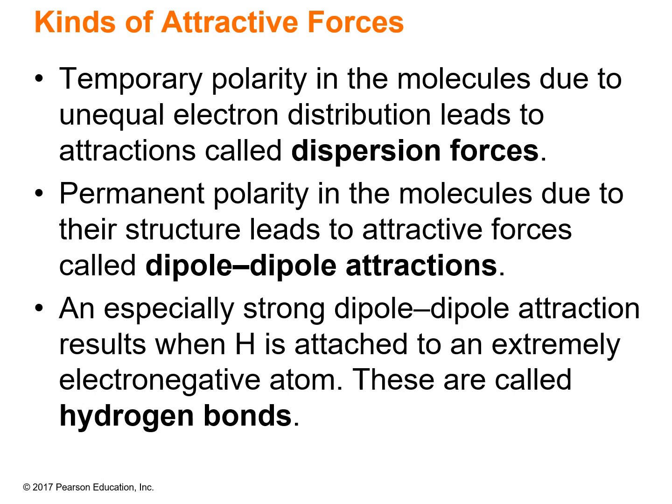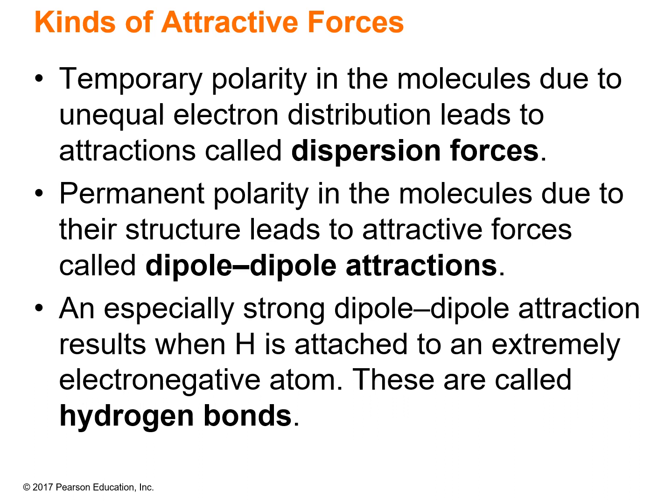So the kinds of attractive forces we're going to talk about are dispersion forces, which happen from a temporary polarity in a molecule. And that happens when there's an unequal distribution of the electrons inside the molecule. There's also dipole-dipole interactions, which happen in a polar molecule. So it has to be a polar molecule in order to have dipole-dipole interactions.